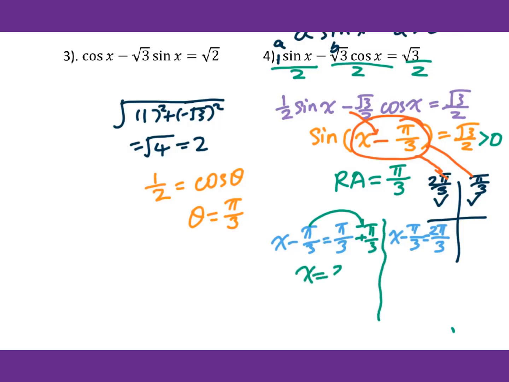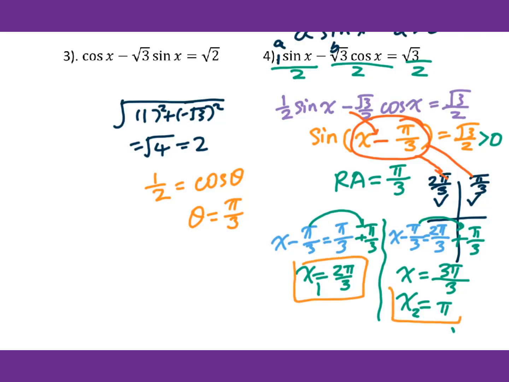That's x equals 2 pi over 3. For this one, we need to add pi over 3. You got x equals 3 pi over 3, which means pi. So that's your x2. This is x1. This will be the solutions.